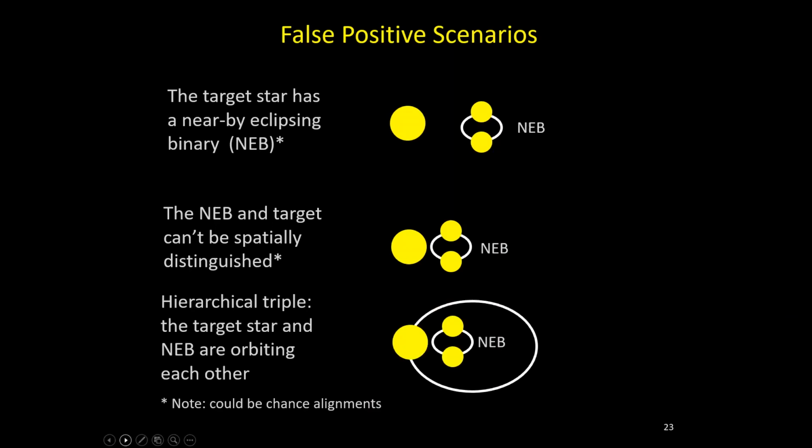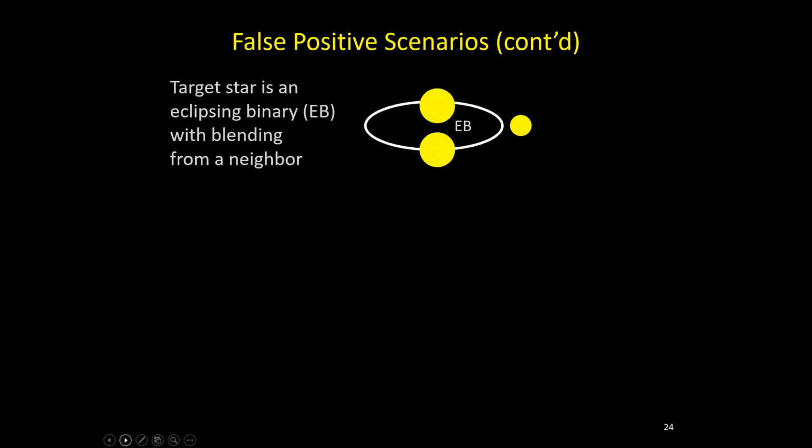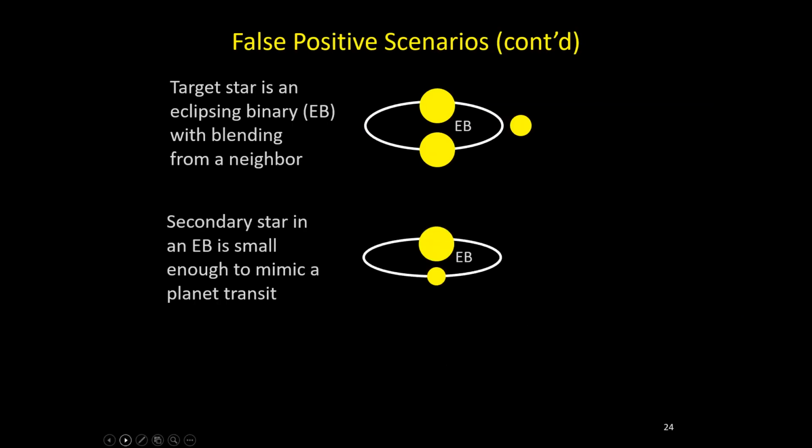Another example is where there is a star that is orbiting a nearby eclipsing binary. And again, we still have that same problem of blending. Next. We have the case where the host star is an eclipsing binary and it's being blended with a neighbor. Next. And the case where we just have a regular old eclipsing binary, but the secondary star is so small that when it's going in front of its host star, it's mimicking an exoplanet.